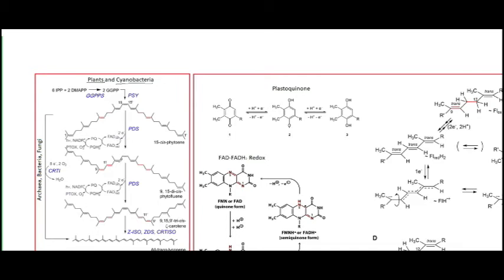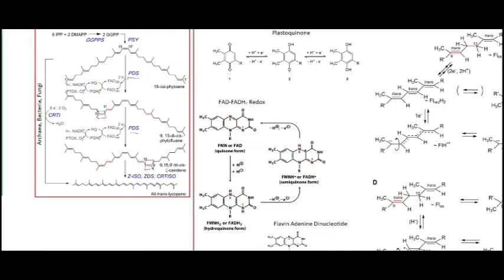And so they actually turn this into a cis double bond with this PDS enzyme, and then they do the same to this sort of symmetric double bond, turn that to cis, and then they actually use a different enzyme to then change all of those into trans double bonds.